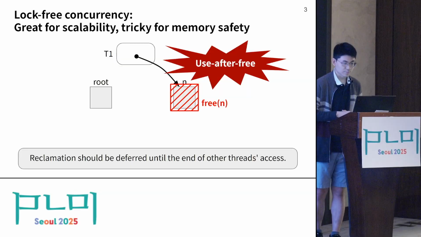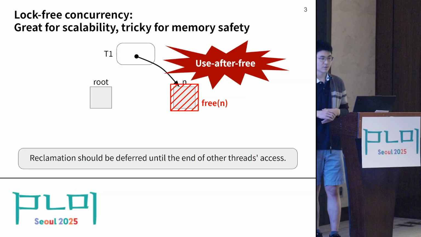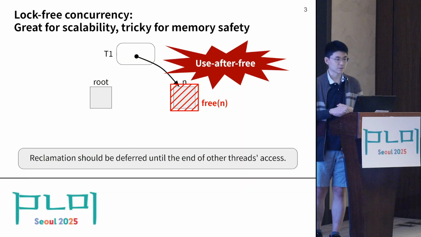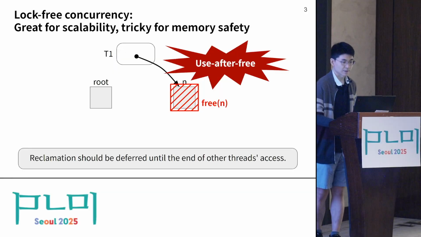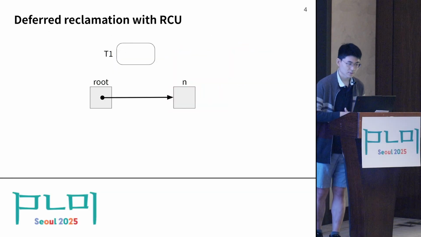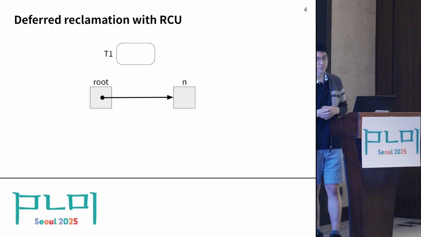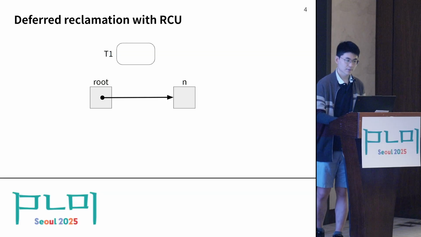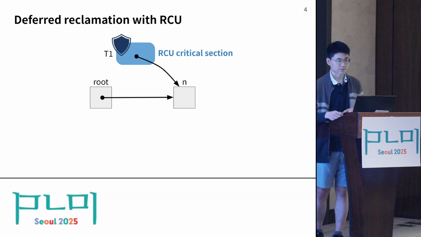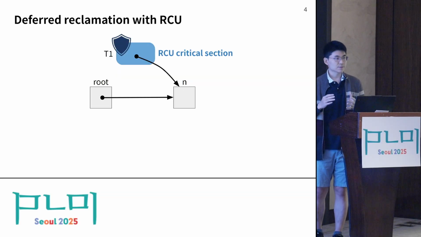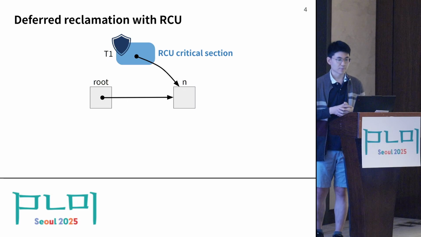So to prevent this kind of error, we should ensure that we defer the reclamation until all threads are done accessing the memory for the node n. And RCU is a popular solution for this problem. In an RCU-based system, we should activate an RCU critical section before accessing the shared data. This critical section doesn't really lock the data, but it protects the data from being reclaimed.